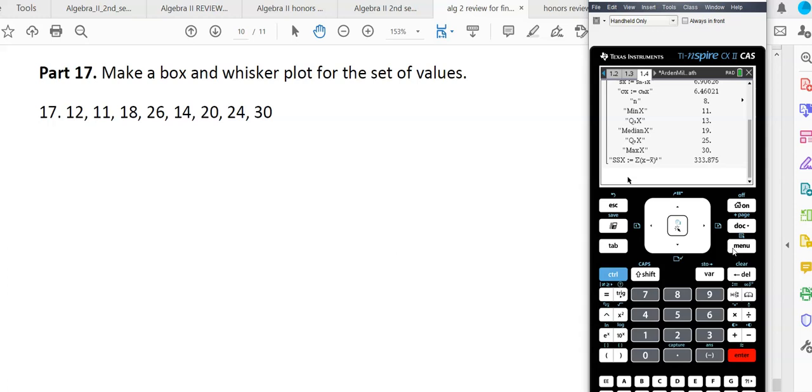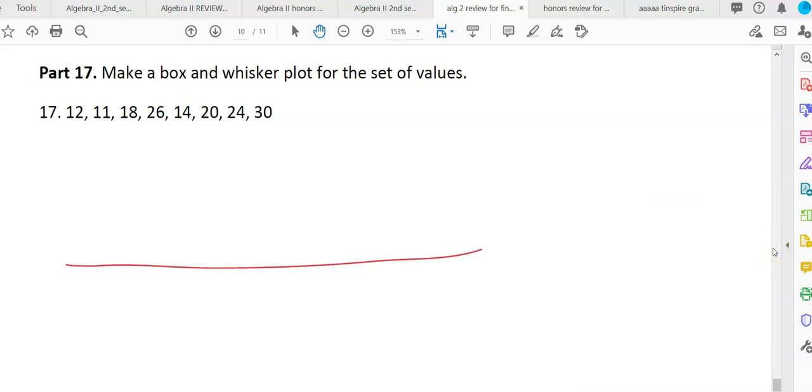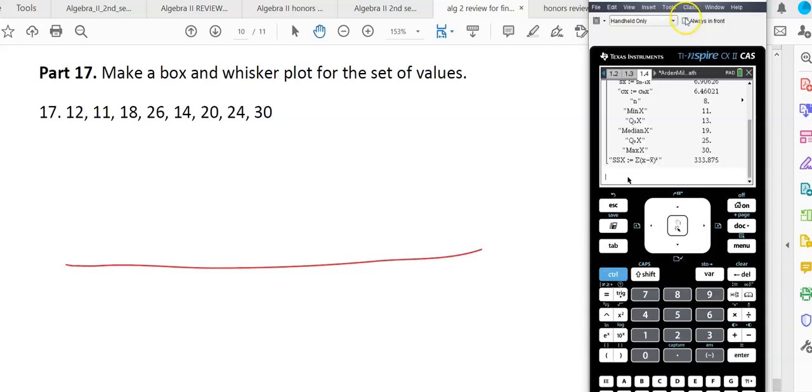So it looks like the minimum is 11 and the max is 30. So I need a scale that goes from 10 to 30. So 10, 15, 20, 25, 30. That looks good. And so the max is 30.